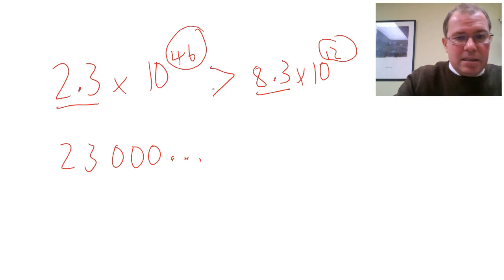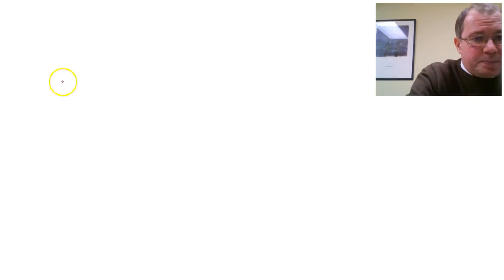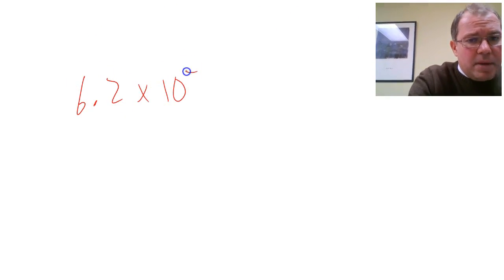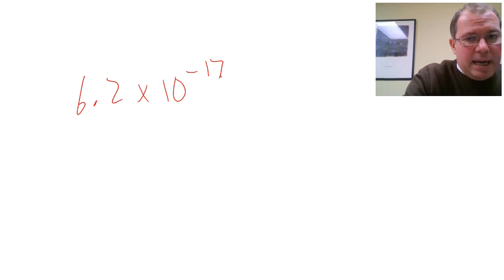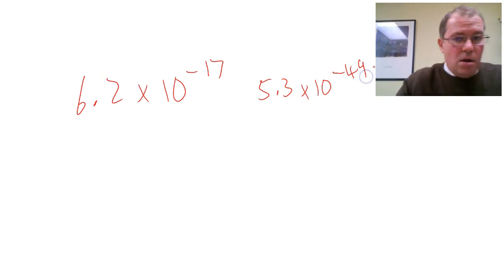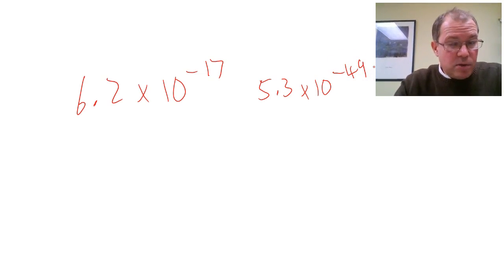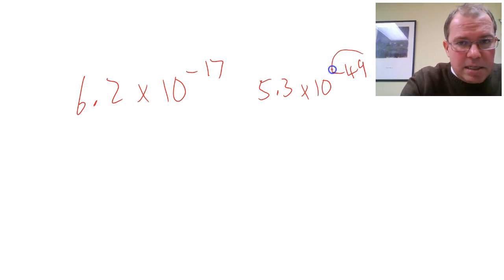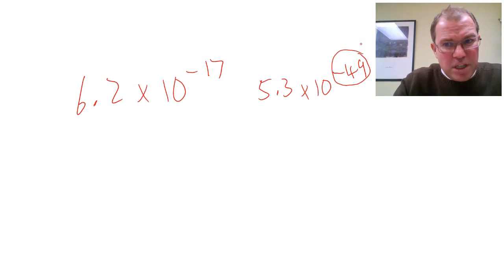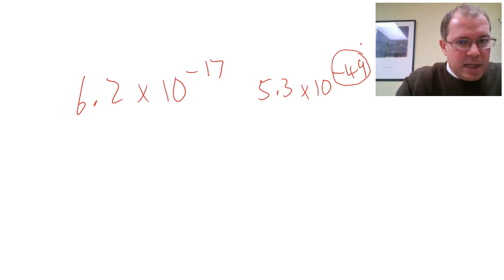And equally, you can tell on size of really small numbers as well. If I had 6.2 times 10 to the minus 17, and I had 5.3 times 10 to the minus 49, which number's closer to 0? Which one's really small, close to 0? Well, it's the minus 49, isn't it? Because you're dividing by 10 49 times. You've got loads of zeros before you get to the 5.3.